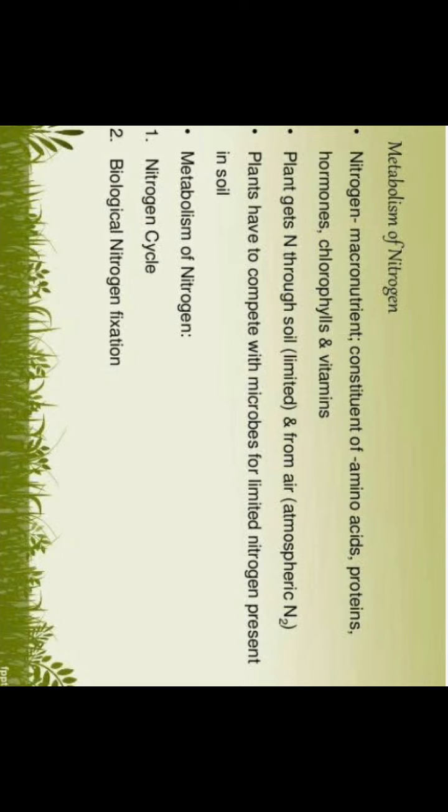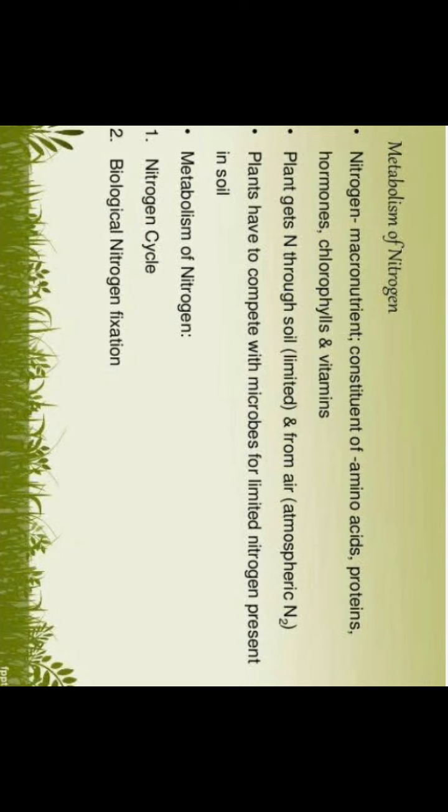Next, maintenance of osmotic concentration of the cell sap. Next, electron transport systems. Next, buffering action, enzymatic activity, and acting as major constituents of macromolecules and coenzymes. So various forms and functions of essential nutrient elements are given below.